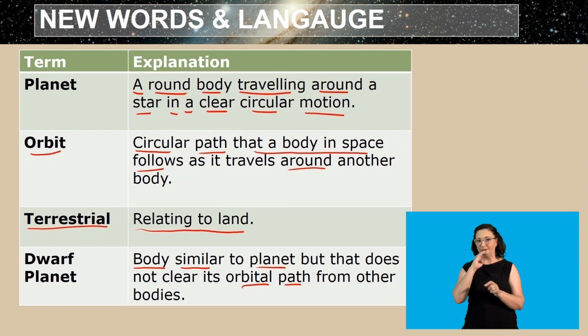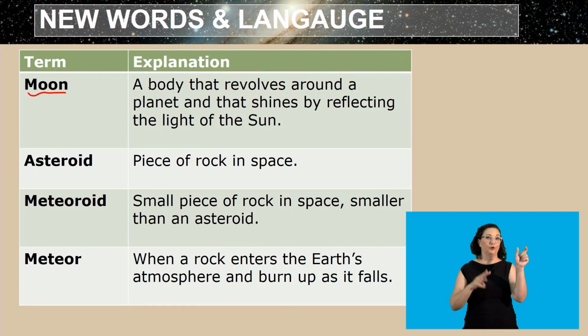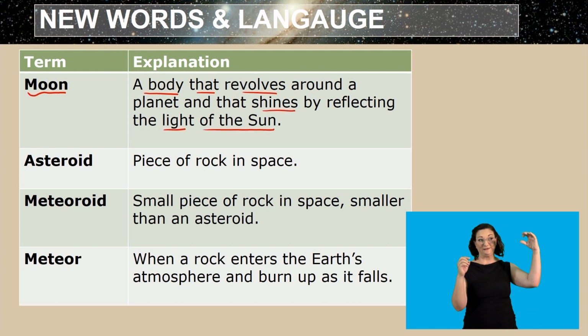Dwarf planet: it is a body similar to a planet, but that does not clear its orbital path of other bodies. Now let us look at the other terminology, which is the moon. It is a body that revolves around a planet and that shines by reflecting light of the sun. Asteroid: it is a piece of rock in space.